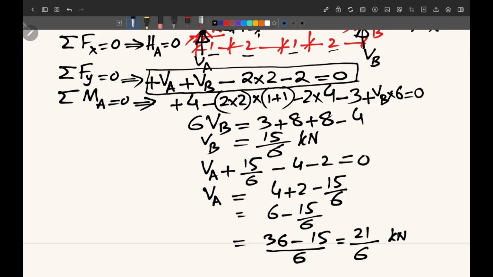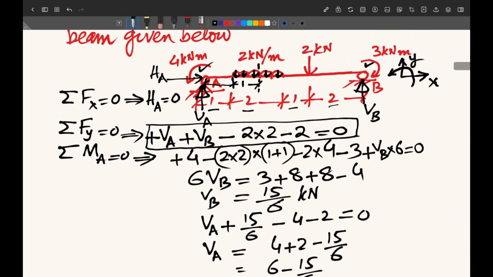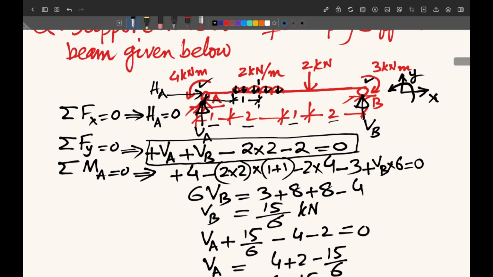This way we have got the values of the reactions of this simply supported beam when it is subjected to UDL, point load, and support moments at both the supports.